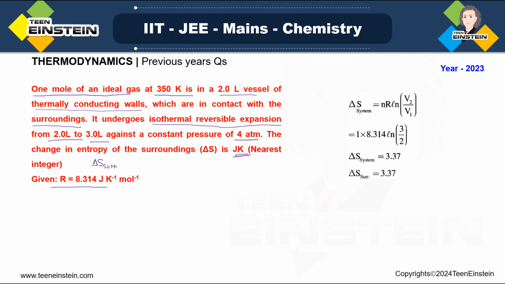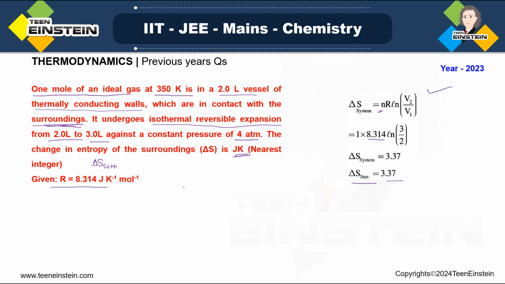Del S system is nR ln V2 by V1, then n value is 1 mole, R value you put, then ln 3 by 2, because final volume and initial volume are 3 and 2 respectively. Now in this case, del S surrounding will also be positive because it is in contact with the surroundings and it is thermally conducting. Expansion is occurring, that means heat will be transferred to the surroundings, and as a result the corresponding entropy change will also be positive.